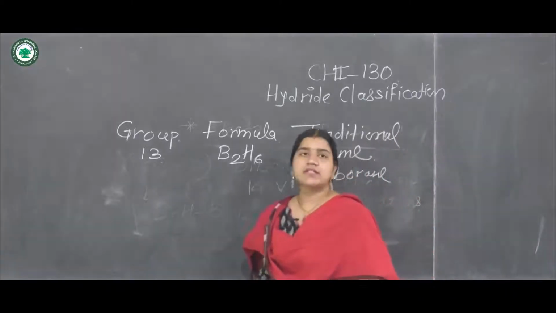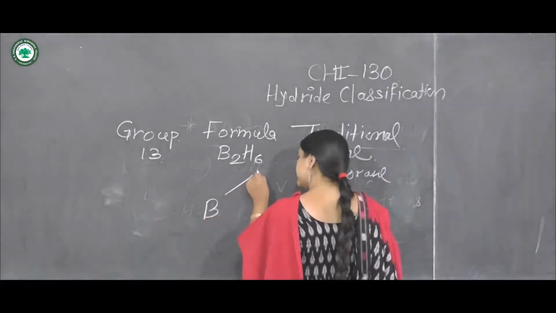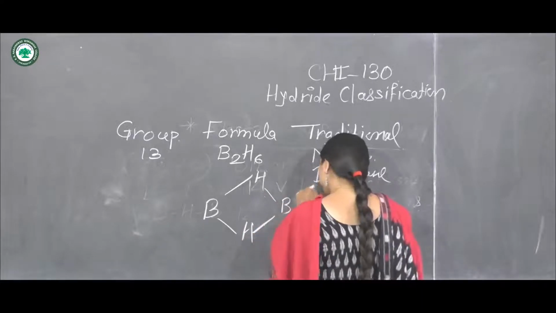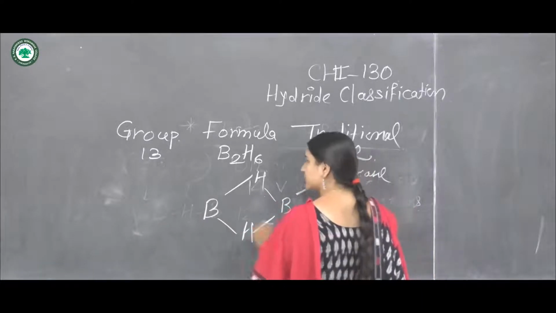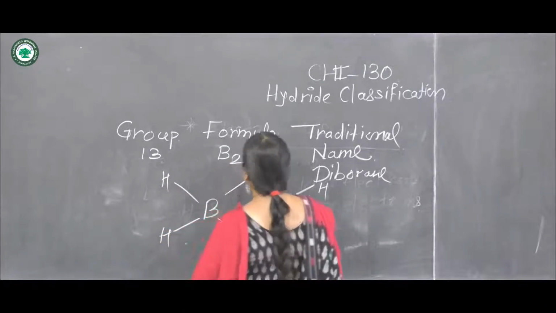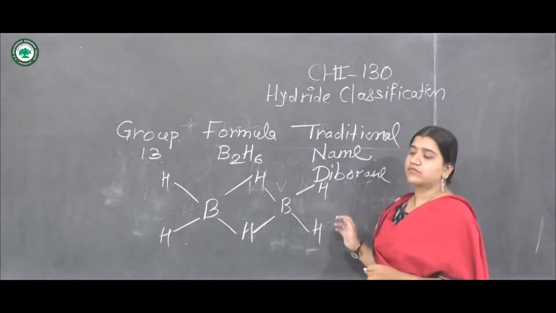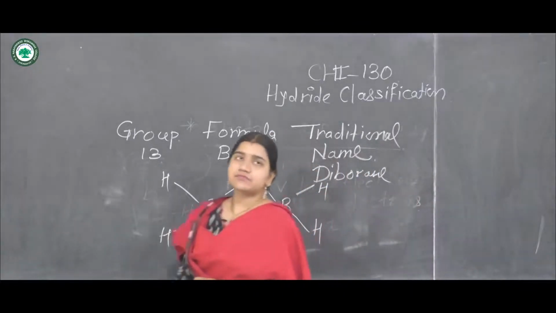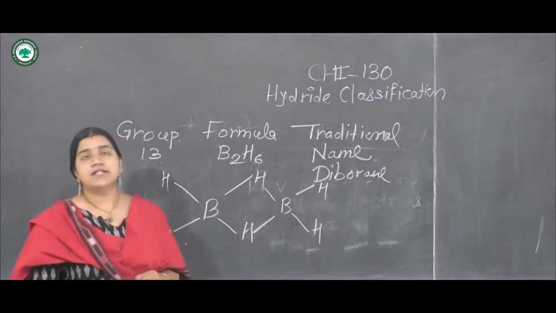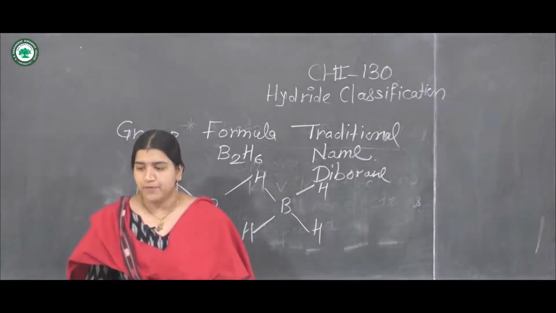Now, what is its structure? Okay, so this will be the structure of diborane. Diborane is the well-known example of an electron deficient compound.